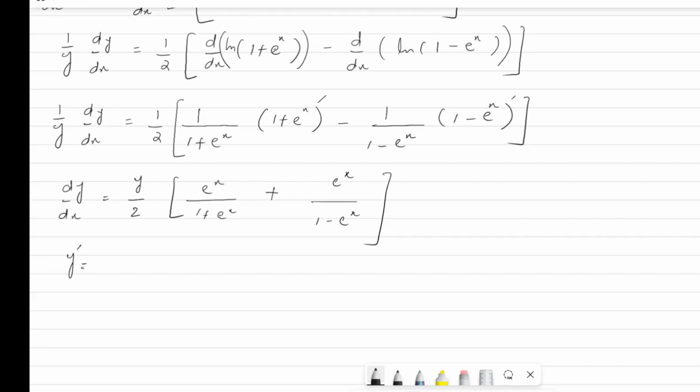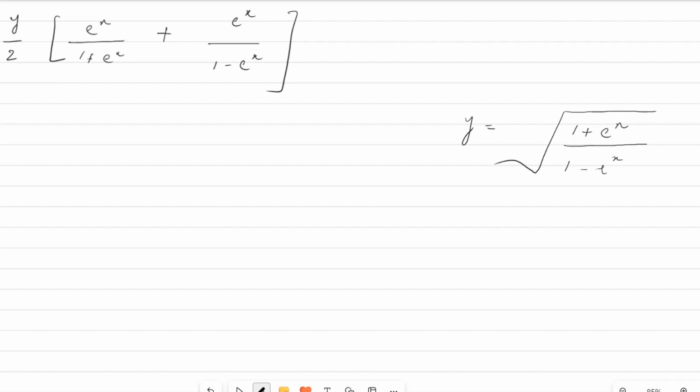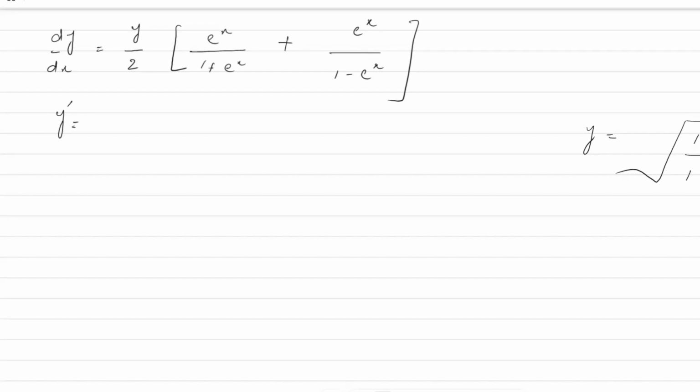And y was equal to 1 plus e raised to the power x divided by 1 minus e raised to the power x, that was given in the question. So the same we are going to substitute over there: 1 plus e raised to the power x by 1 minus e raised to the power x whole raised to the power under root, or 1 upon 2 we can write, divided by 2.